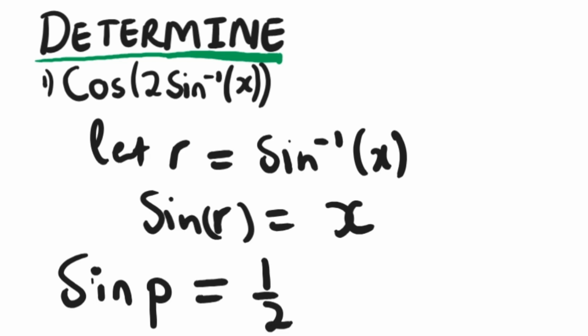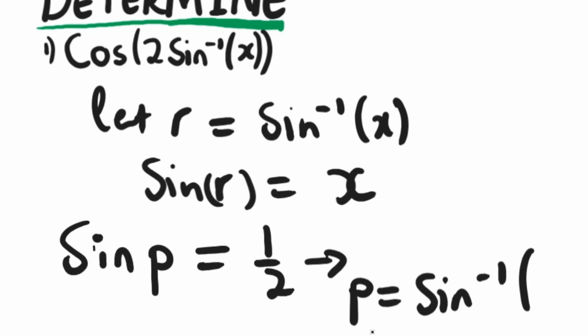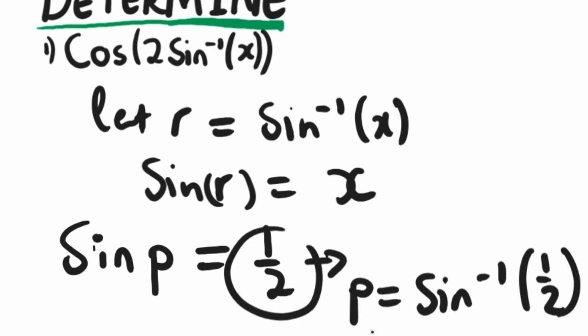This implies that when you solve for p, p is therefore arcsine of 1 over 2. So what we did here is we said let r be arcsine of x, and then x will therefore be sine of that. We reverse this thing that you're doing here.